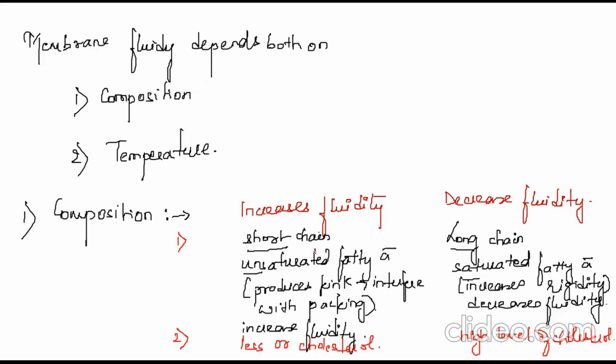When the lipid chain is short and unsaturated, then it increases the fluidity, and when it is long and saturated, it decreases the fluidity. So unsaturation produces a kink which interferes with the packing and increases the fluidity, and the saturated fatty acid chain increases the rigidity, because of it there is a tight packaging.